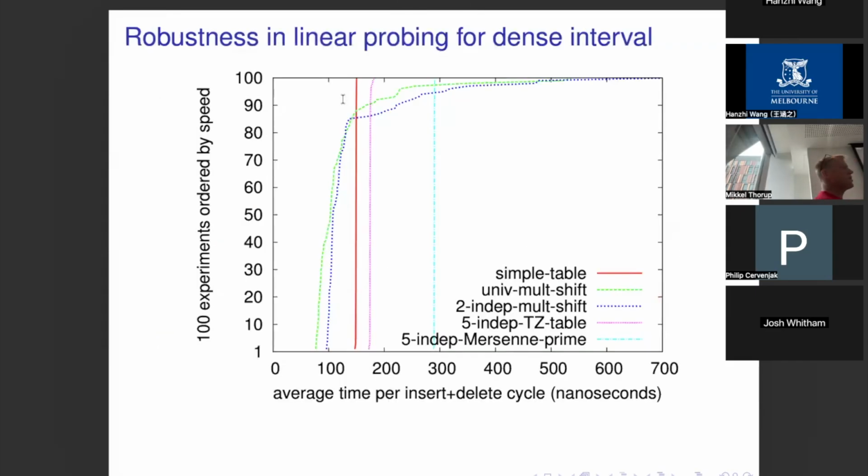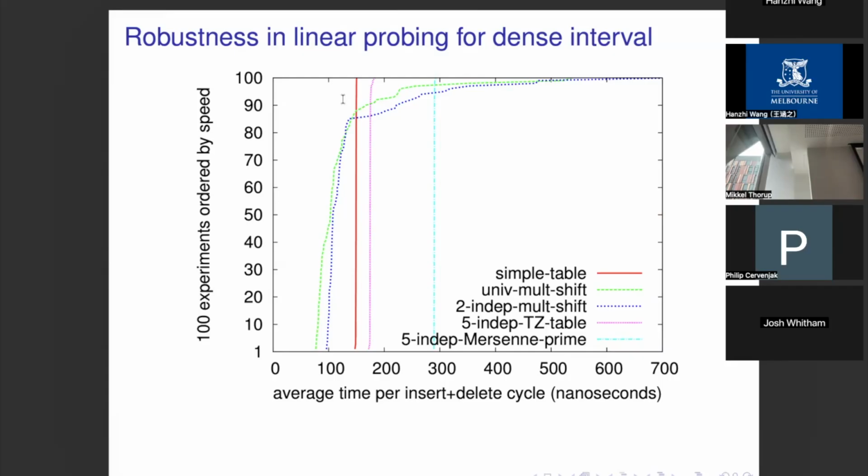But here comes the interesting thing with linear probing. So I'm running this experiment with linear probing with different hash functions. These 2 lines are the universal multiply-shift and 2-independent. So these are the schemes that we don't know work. And they really don't work.